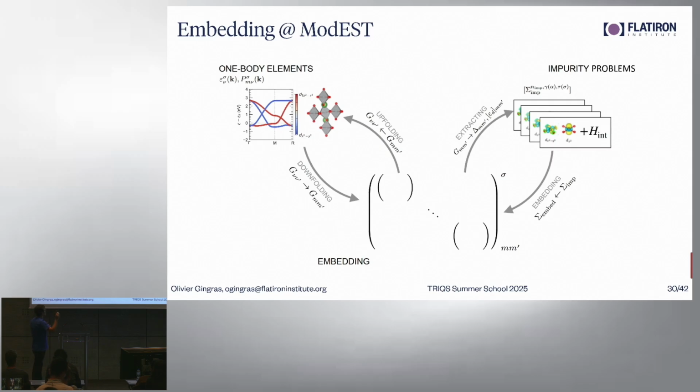Well, actually, not even. There's more information that you can select, which is how you're going to proceed. If you do the whole solid, let's say you have 4 copper atoms. You might want to do a calculation for all of these 4 atoms. How do you tell the program that you're going to do one impurity problem per atom or a cluster or whatever? You don't define this at the level of orbitals. Orbitals tell you all the degrees of freedom you have, and then it's at the level of embeddings where you take the local orbitals and map each of these specific orbitals to the right impurity problem and solve them.